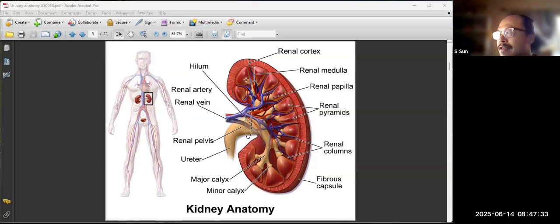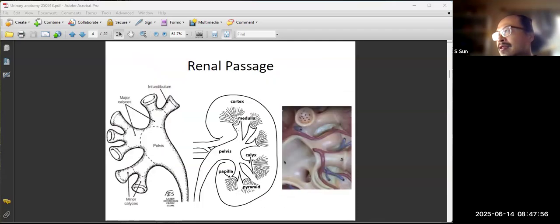Nephron will deliver the urine into the minor, the interface right here. There is a name. It's called papilla. It just refers to the beginning of the minor calyx. We saw it here.